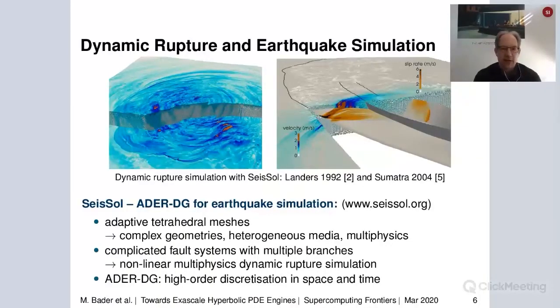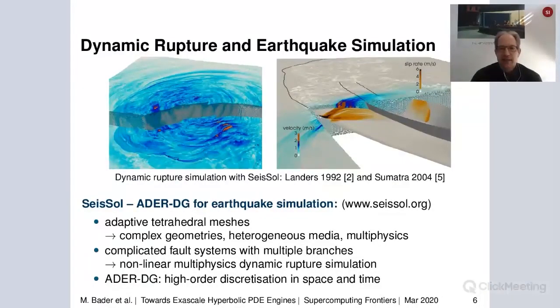One is from a simulation of the Landers earthquake from 1992 in California, which features branches in the fault zones, and there can be effects where the earthquake rupture starts on one part of the fault and then is transported to other parts of the faults.